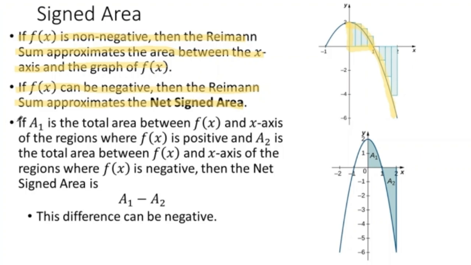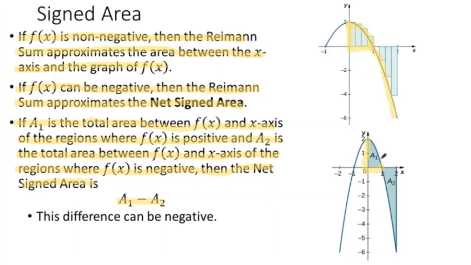As for where the net comes in, if our function is a mixture of positive and negative values over the interval, if A1 is the total area between f of x and the x-axis of the regions where f of x is positive, and A2 is the total area between f of x and the x-axis of the regions where f of x is negative, then the net signed area is A1 minus A2. Now, A1 and A2 are both positive because we are using area in the proper geometric sense.